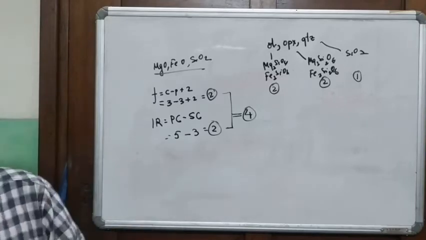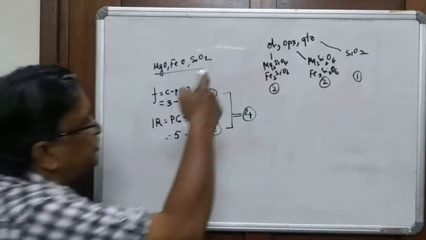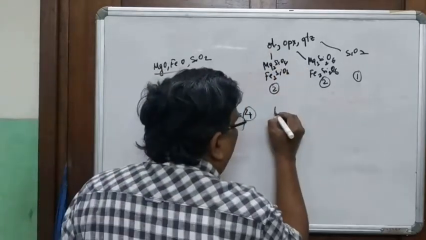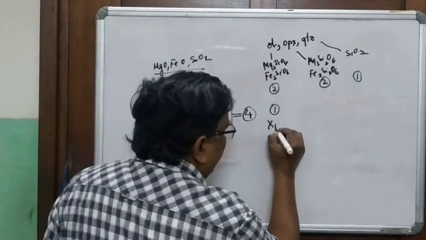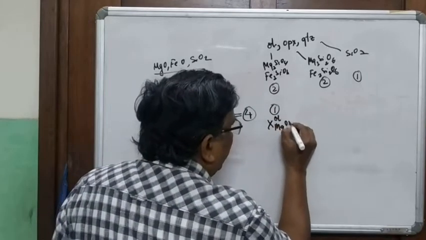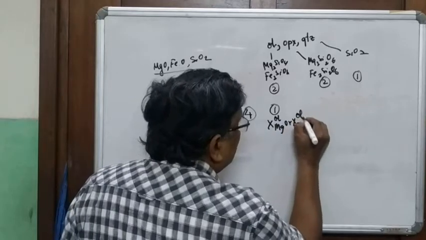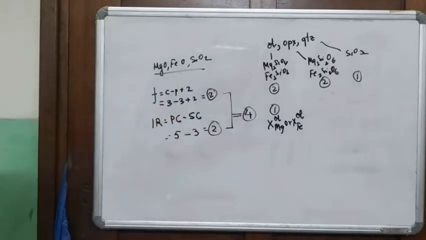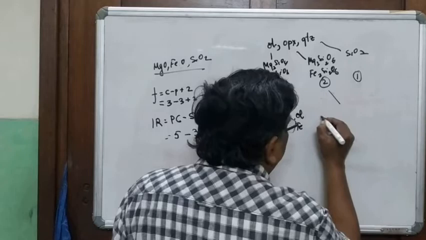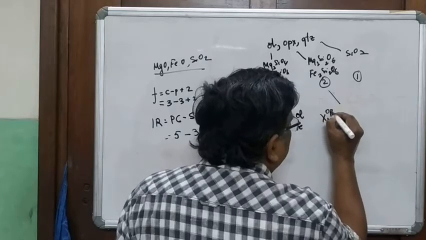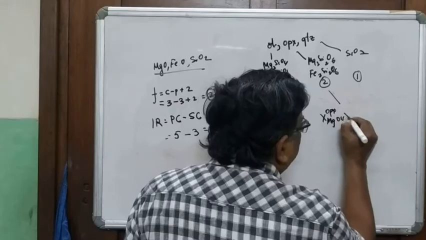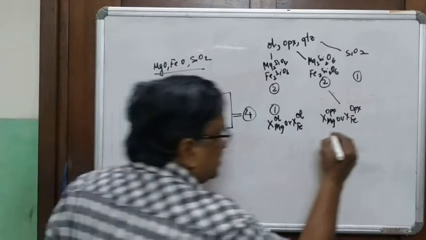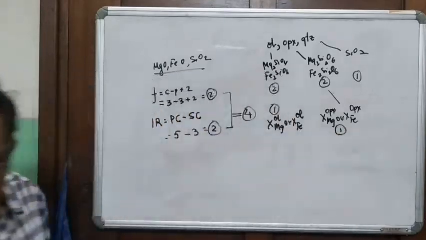But we should know how many metamorphic variables there are. For olivine, an independent metamorphic variable is 1. What is it? XMg olivine or XFe olivine. Either XMg or XFe would do, since the other is 1 minus it. For orthopyroxene, it's XMg opx or XFe opx, so 1 metamorphic variable would do.